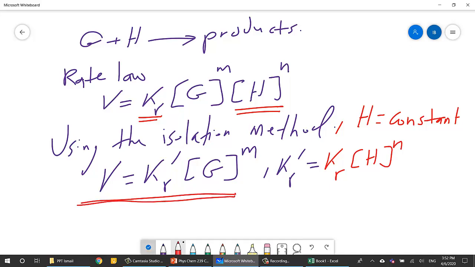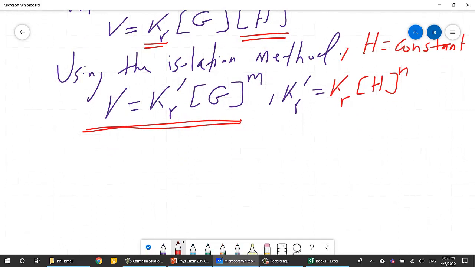It looks easy. I can take logs for both sides of this equation and make a graph to determine the value of M. Again, M and N are the powers, or the orders, I'm sorry, of the reaction. You can call them whatever you like, A and B, or J and C.